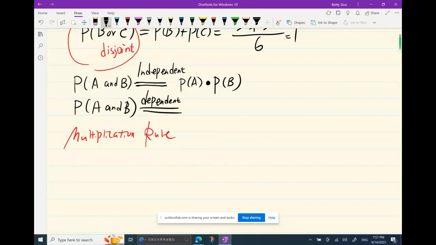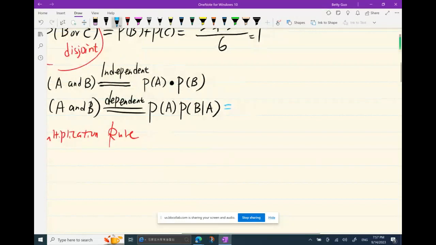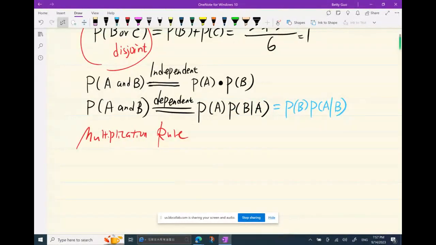That formula doesn't work anymore, we have to figure out the other formula. It could be this, but we mainly just do one. I'll explain. It depends on which event occurs first, which event occurs after. So we mainly do the black one.